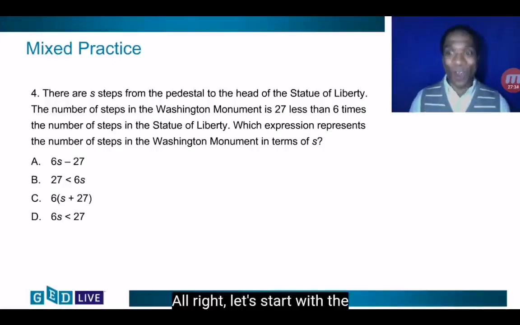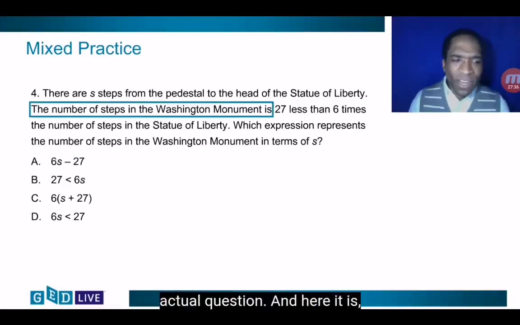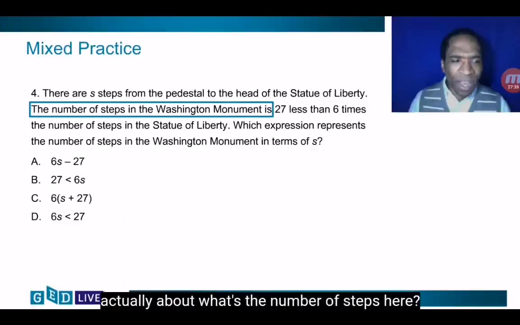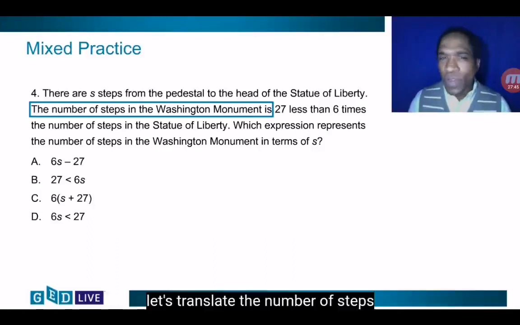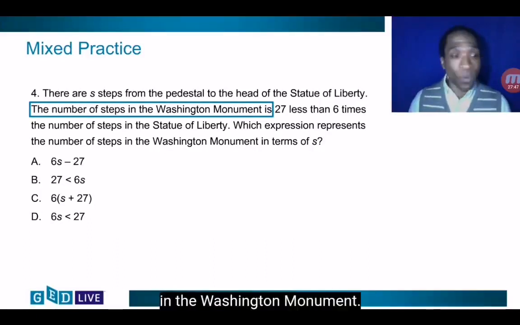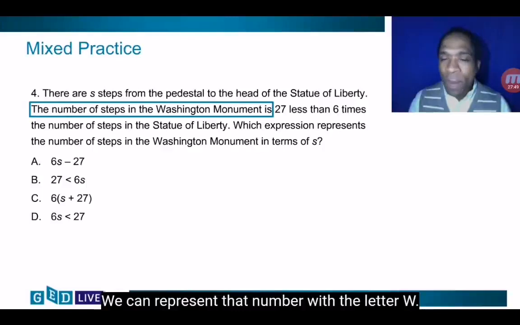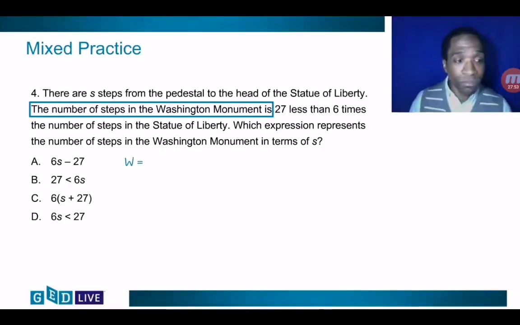All right, let's start with the actual question. And here it is. It's actually about what's the number of steps here. Now, based on the givens, let's translate the number of steps in the Washington Monument. We can represent that number with the letter W, right? Let's say that.